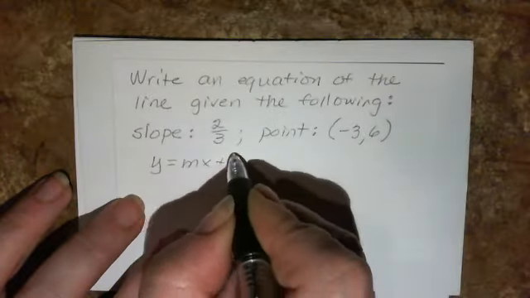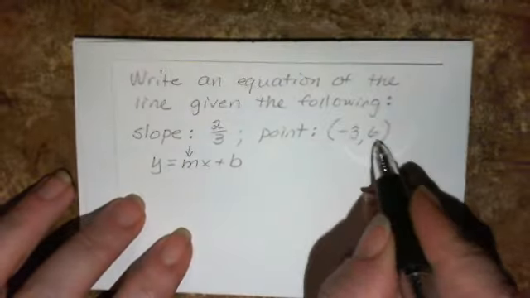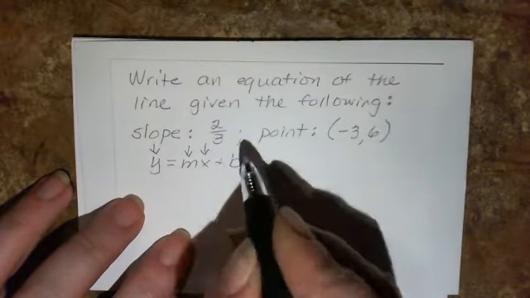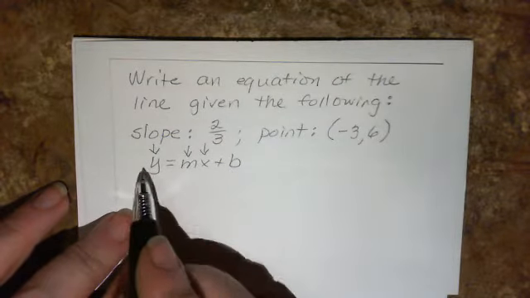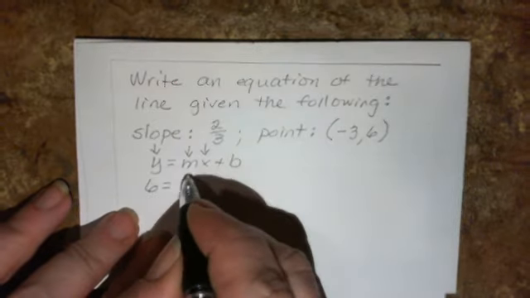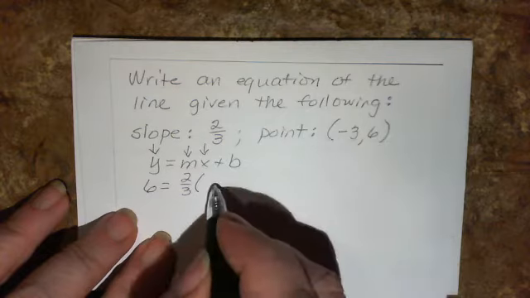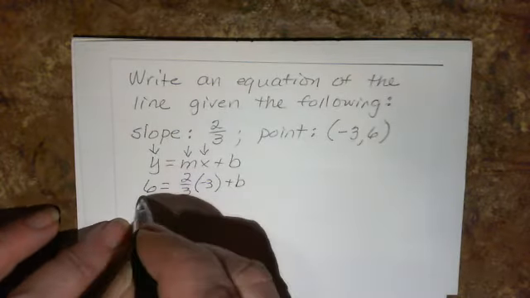Y is equal to mx plus b, and the first time we will plug in our m, and we'll plug in x and y values also. And that will allow us to solve for b. Alright, so that gives us y value 6 is equal to m value 2/3 times x value negative 3 plus b.